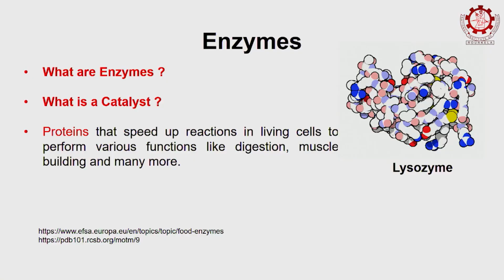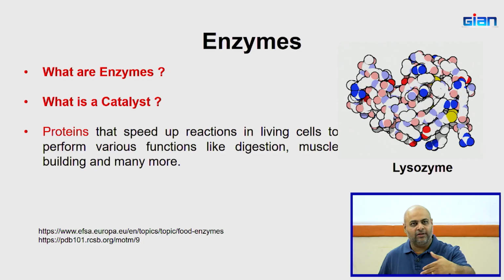Okay, to start with, enzymes. Now, what are enzymes and what is a catalyst? Catalyst, if I remember correctly from my chemistry, is anything that basically moves the chemical reaction forward in a specific direction. So, if you are moving from A to B, you use a catalyst, it will make it faster.